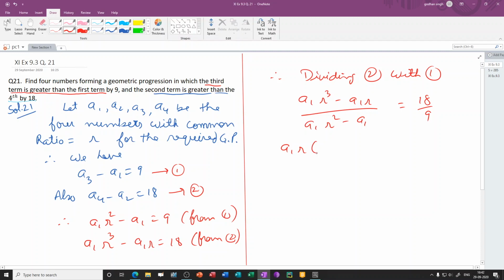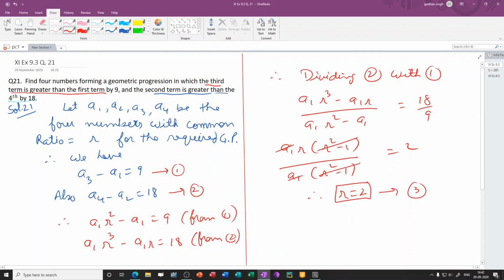So A1 R remaining will be R square minus 1, over A1 taken out common, the denominator will be R square minus 1, equal to 2. So R square minus 1 and R square minus 1 cancel out, A1 and A1 cancel out. Therefore we can say that R equals 2, and let this be 3.